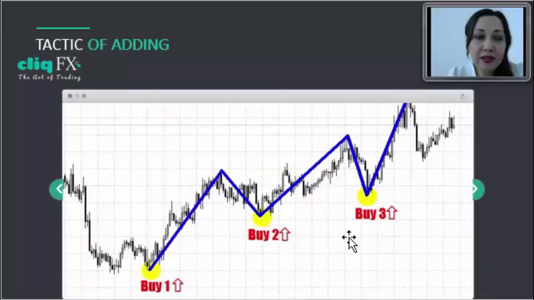All the tactical methods work in both directions, in upward or downward trends. To make it easier to understand, I will show you an example of an upward trend. Every time I will be explaining tactics on an upward trend, but you need to know that they work 100% on the downward trend as well.